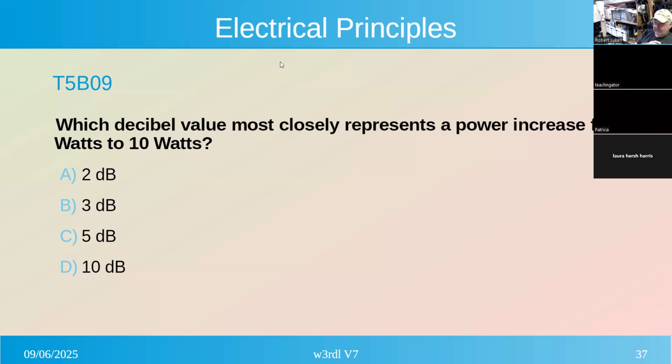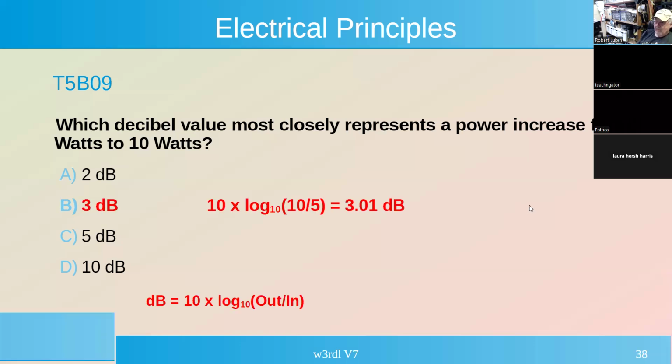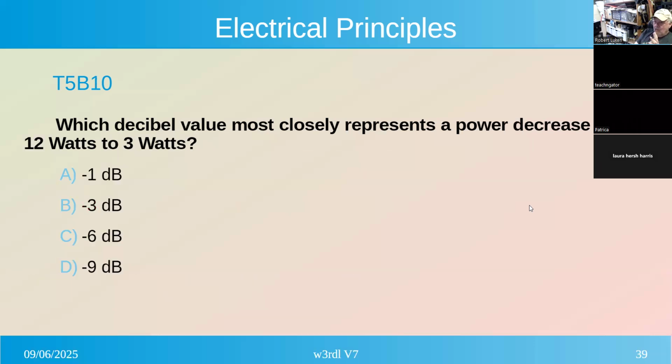What decimal value most closely represents a power increase from 5 watts to 10 watts? Bravo. What decibel value most closely represents a power decrease from 12 watts to 3 watts?